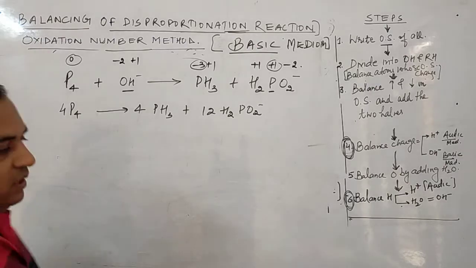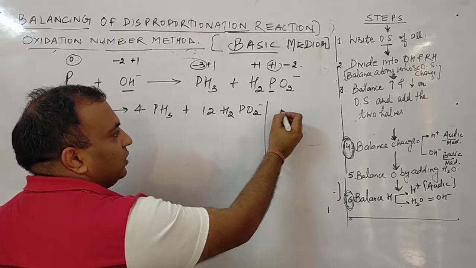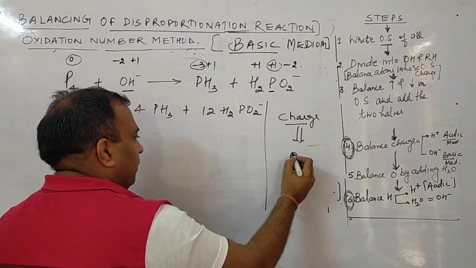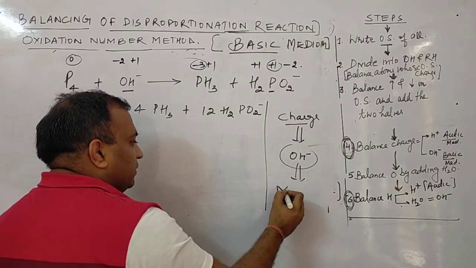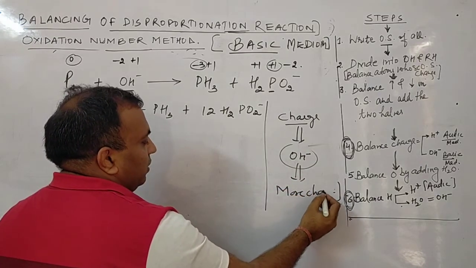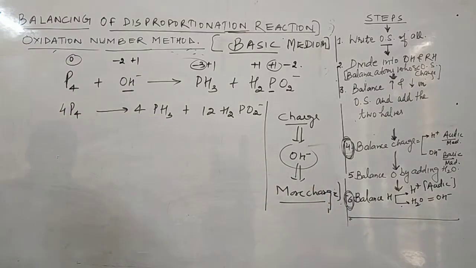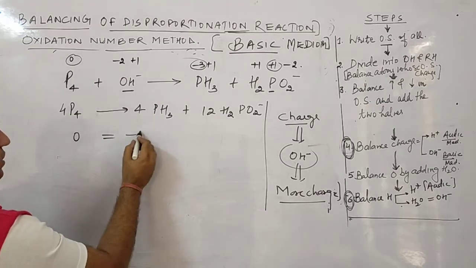Now the next step, balance charge. And since this is the basic medium, for basic medium charge is balanced by adding OH negative ion, and OH negative ion is added where there is more charge. So check करते हैं बेटा, यहाँ पे charge is 0, this is 0 और -12.